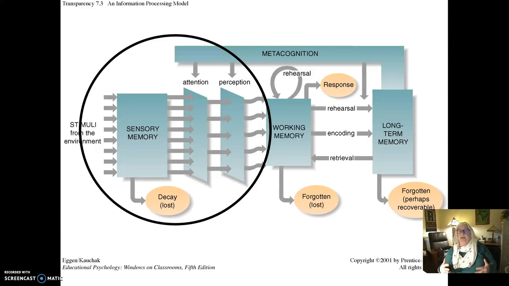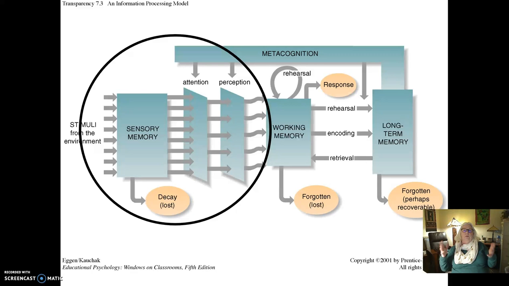The sensory store, and you might see some textbooks use that language, is a place where information comes through our senses, or internally, but through our senses, so that we can do something with it, so that we can interact with our environment.